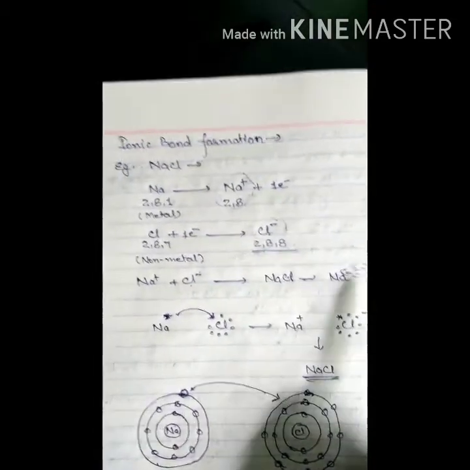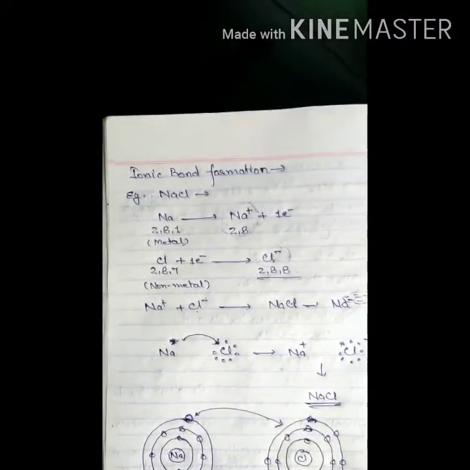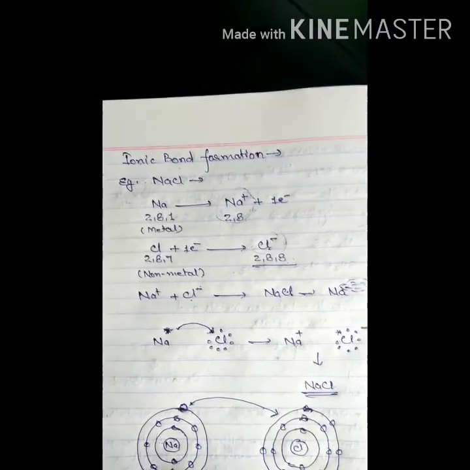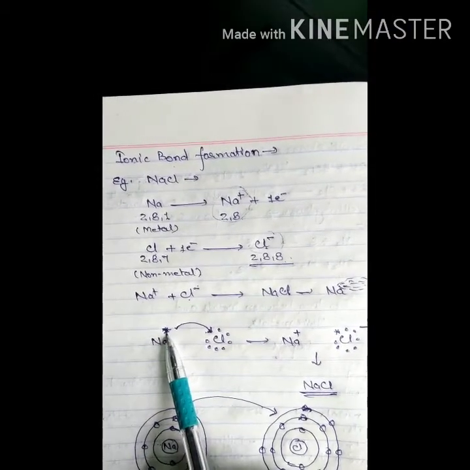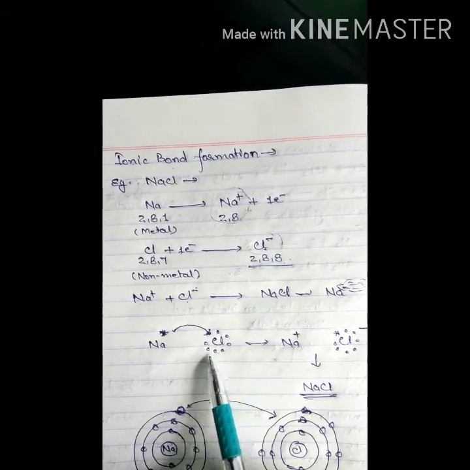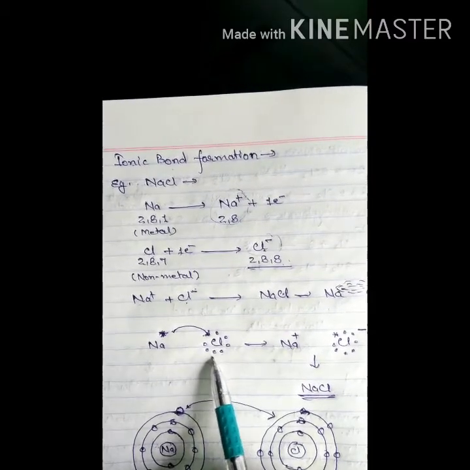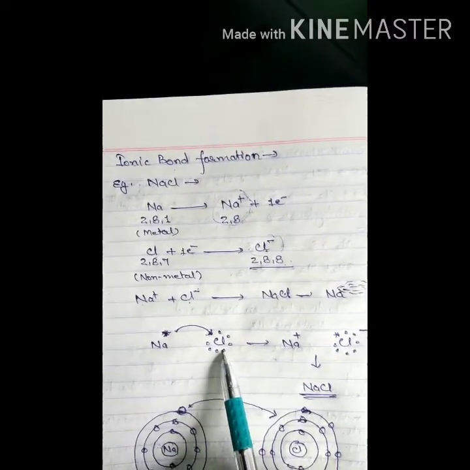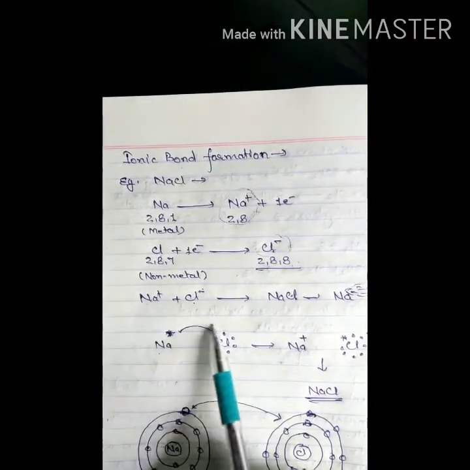Now this can be represented with the electron dot structure also, in which we have to take electrons of outermost shell only. This is the sodium having one electron in its outermost shell. On the other hand, chlorine having 7 electrons in its outermost shell. Now chlorine have to complete its octet by accepting one electron, and sodium have to complete its octet by losing one of its electron.